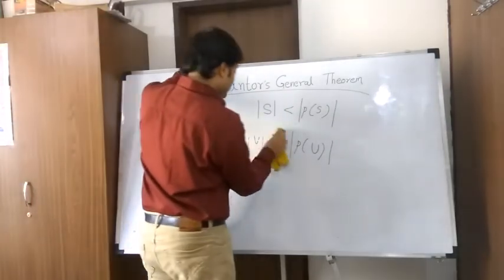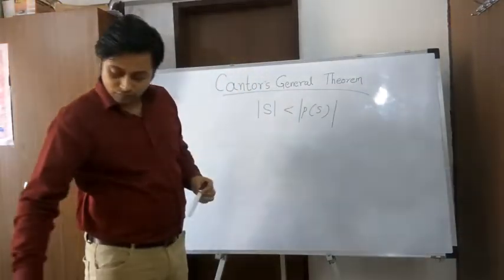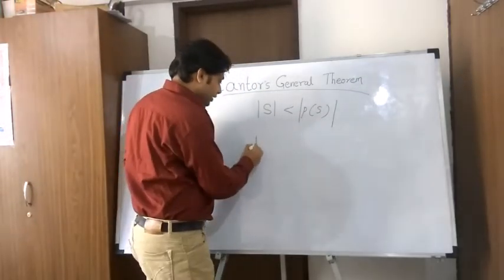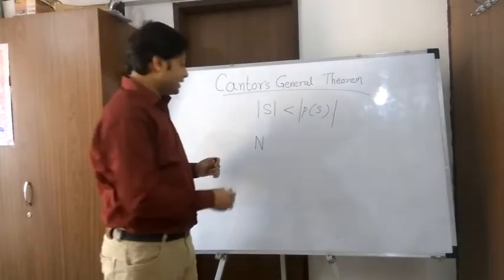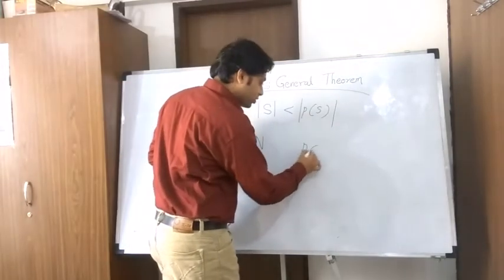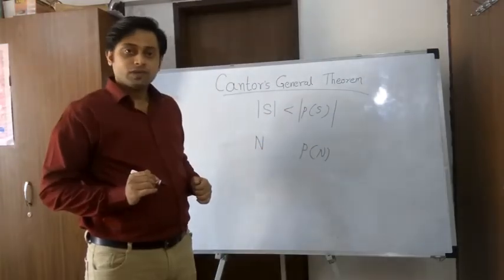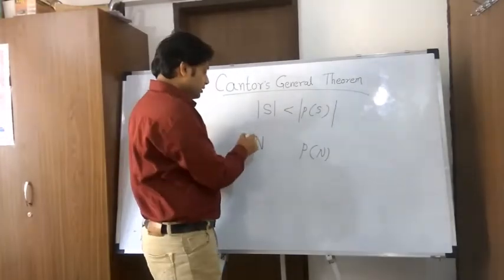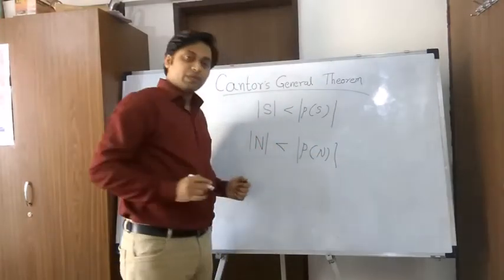The second implication is, again, we have the natural number set which is infinite in nature. Since this is a set, I can form a power set of the natural number set. Now again, according to this theorem, this is the relationship between these two.